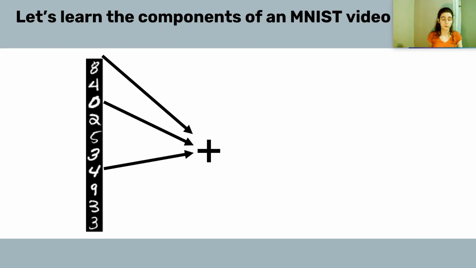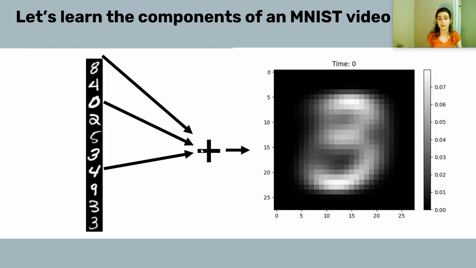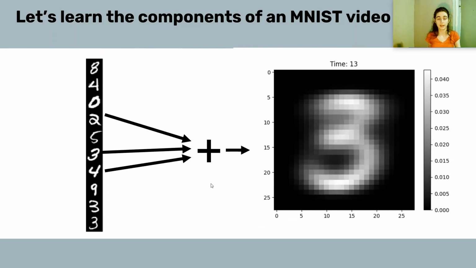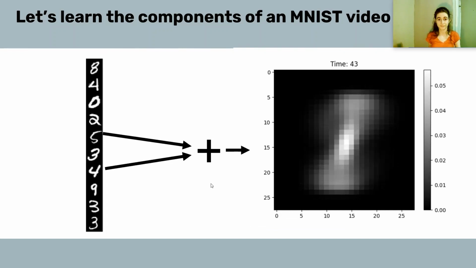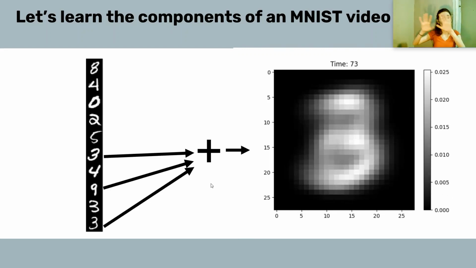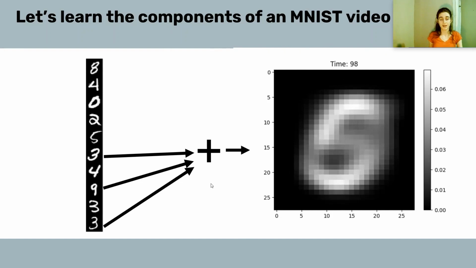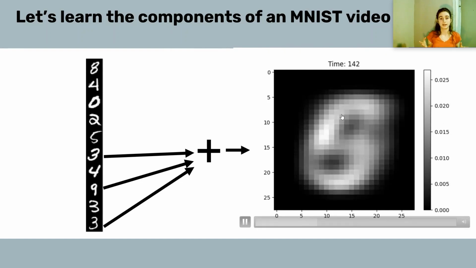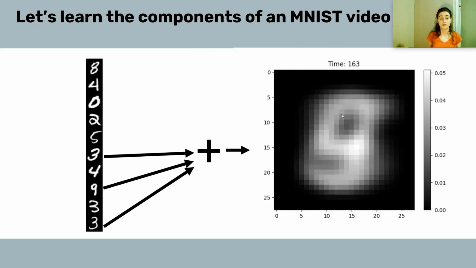So here we have a sparse combination, for instance, of 3 digits, and from a summation of them, we get the value in the video. And over time, we may have different combinations. So you see how combinations of digits evolve. And we would like to identify the underlying dictionary of digits through this video.